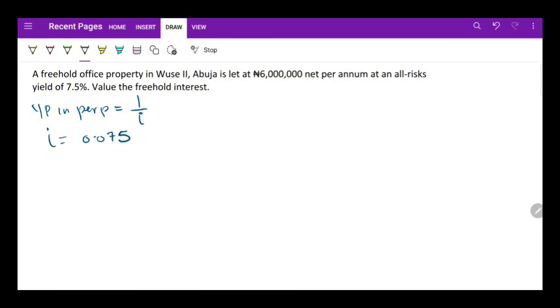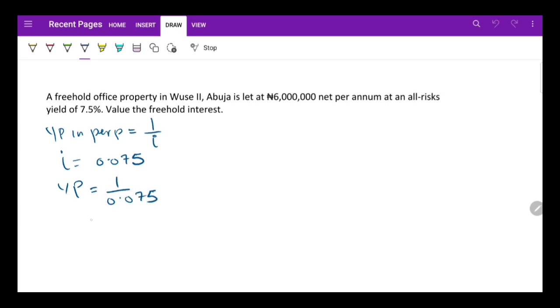So our YP is equal to 1 over 0.075, which is equal to 13.33.